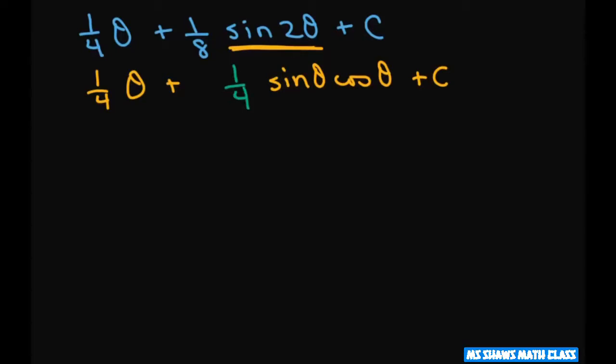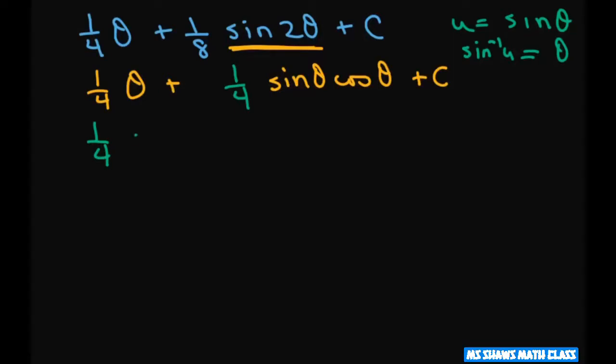Now, let's just use substitution. So we know that we have 1/4, and our u equals sine of theta. So theta equals sine inverse of u.